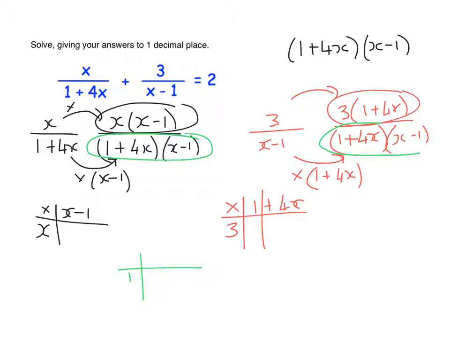So it's 1 plus 4x times x minus 1. So let's start filling those in. So I've got x squared minus x. I've got 3 plus 12x. And I've got x minus 1 plus 4x squared minus 4x.